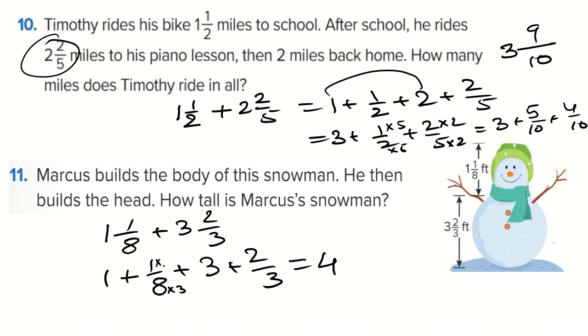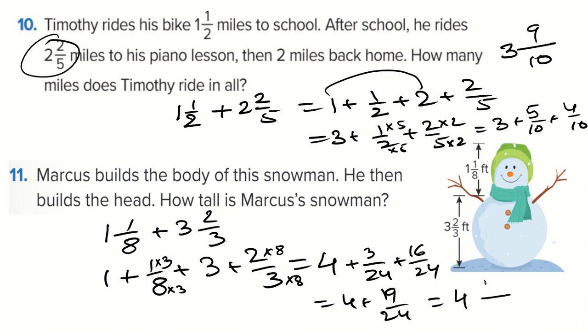Here you will multiply by 3. Here you will multiply by 8. Here you will multiply by 8 to make the same denominator. Okay. So 3 over 24 plus 16 over 24 means 4 plus 19 over 24, means 4 whole 19 over 24. Okay.